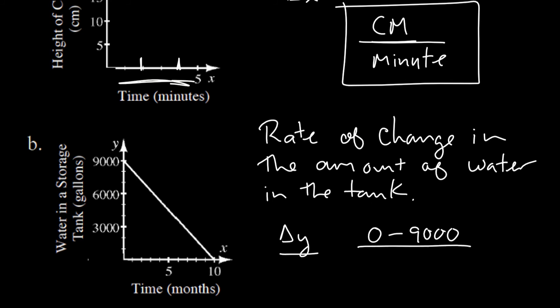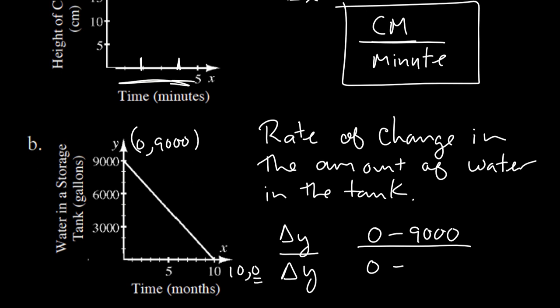My change in x, I started out at month 0, and I end up at, wait a minute, let's get this right. This point is the point 0, 9,000. This is the point 10, 0. Yes. So I end up at 0 gallons, and I started at 9,000.